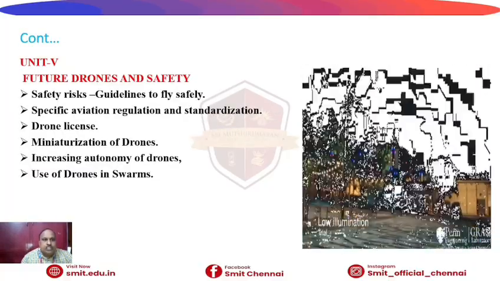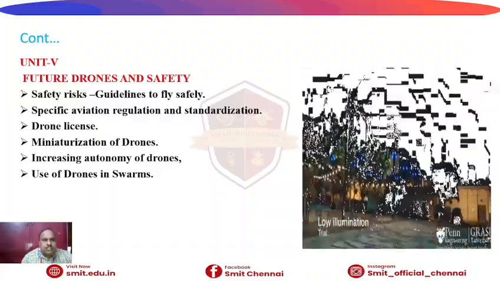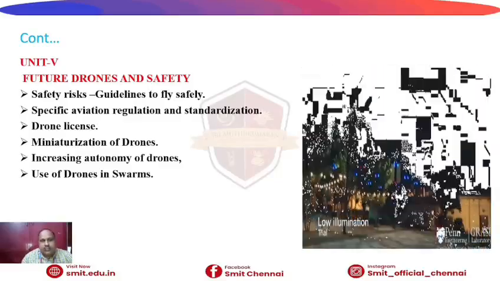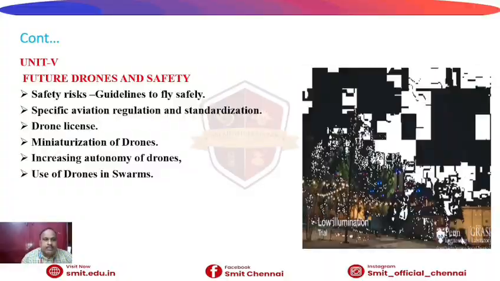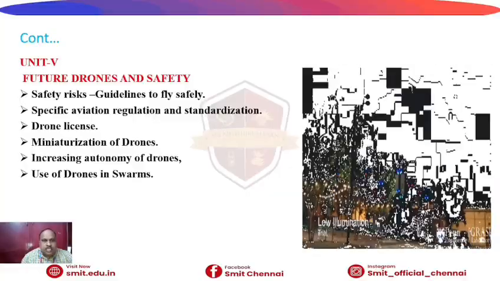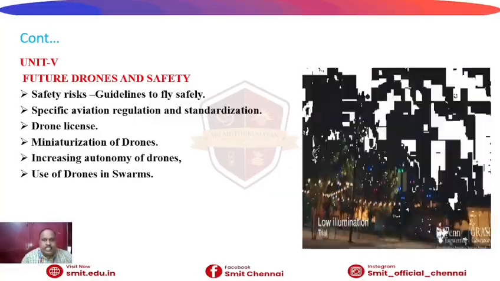Here the future drones and safety is unit 5. So here we are going to discuss the safety risk guidelines to fly safely as well as the specific aviation regulation standards. That is the regulations, what are all the regulations needed to fly.